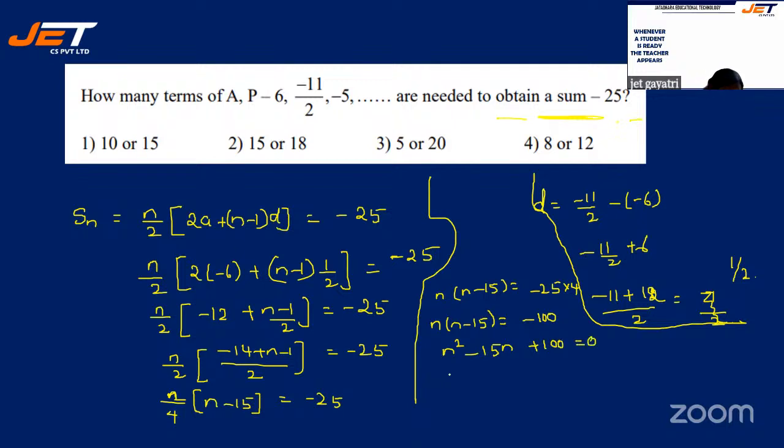So when we factorize, what do we get? We need factors of 100 that add up to minus 25.